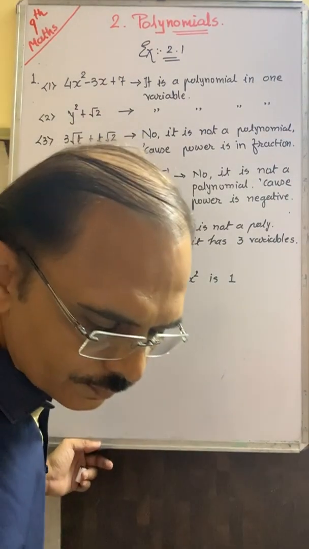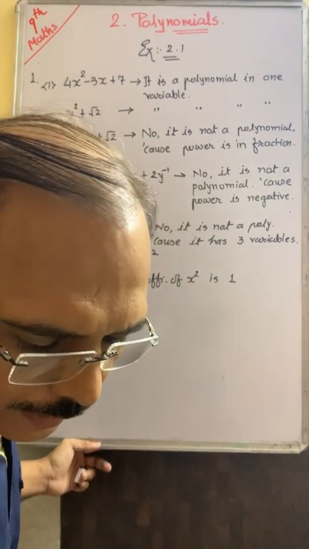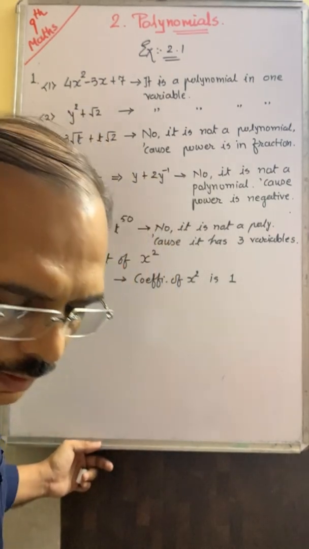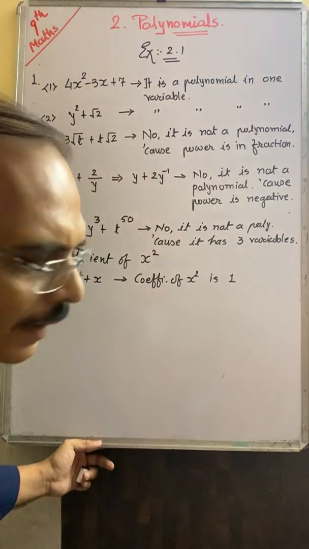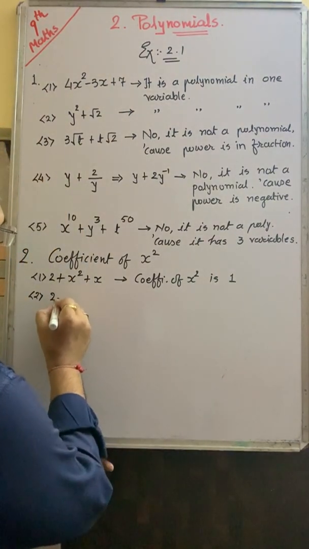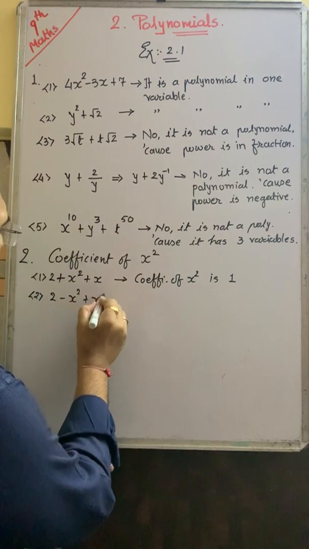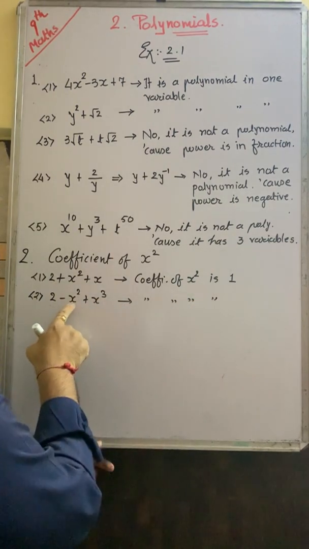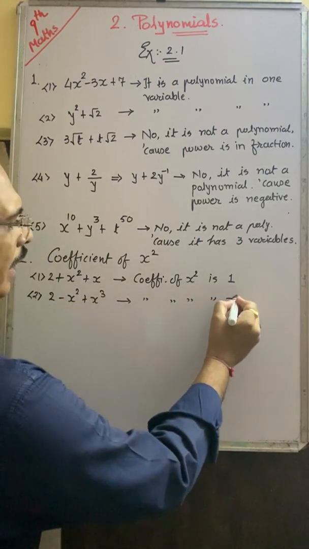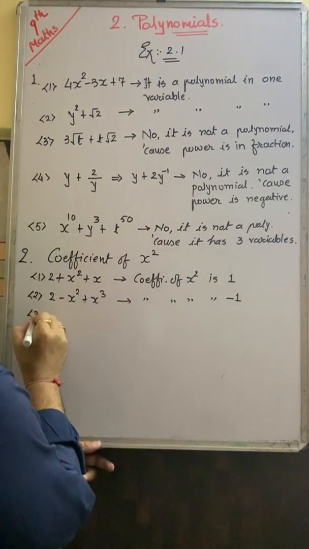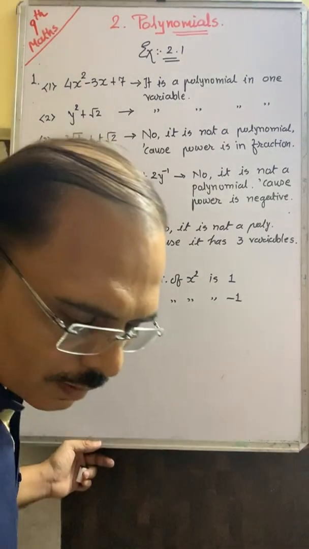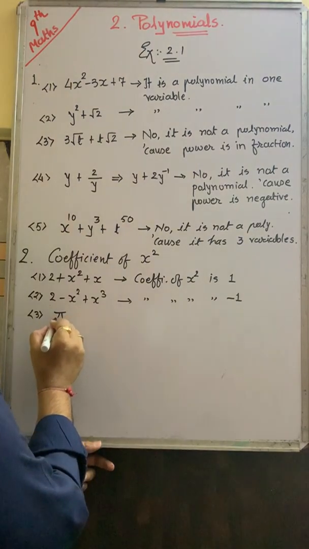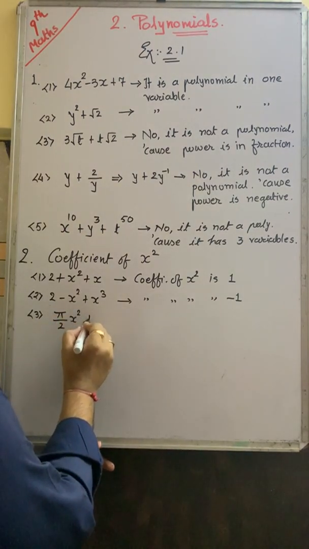Second number, 2 minus x square plus x cube. See, here x square, its coefficient is minus 1. Third number, pi by 2 x square plus x.